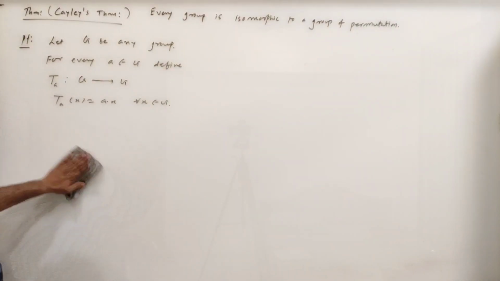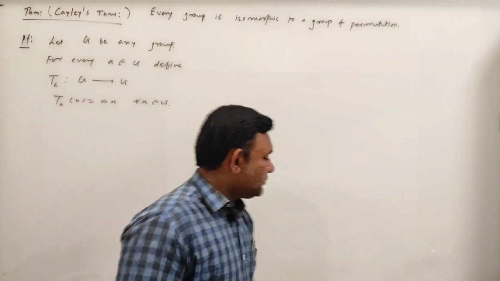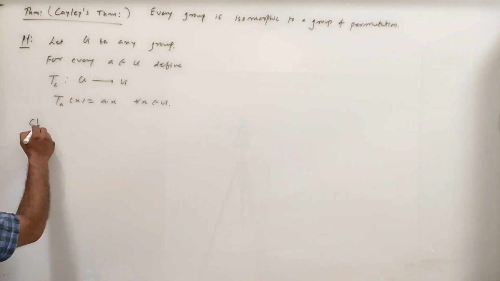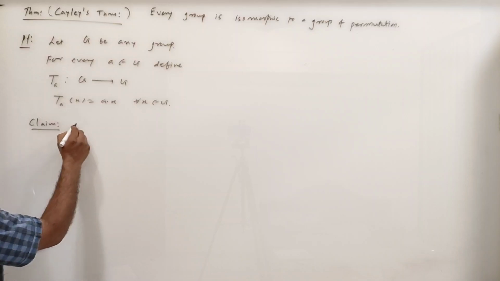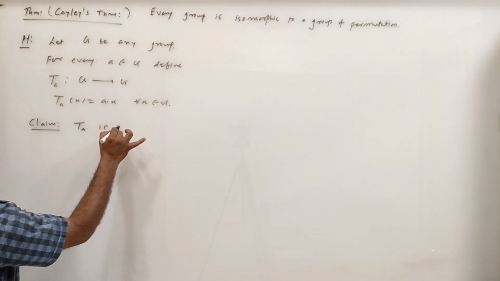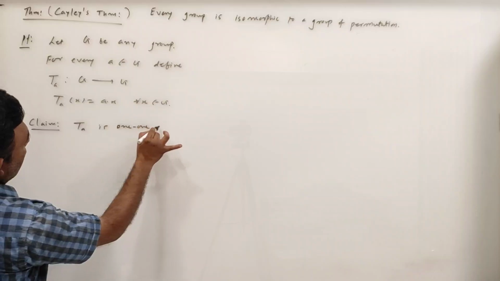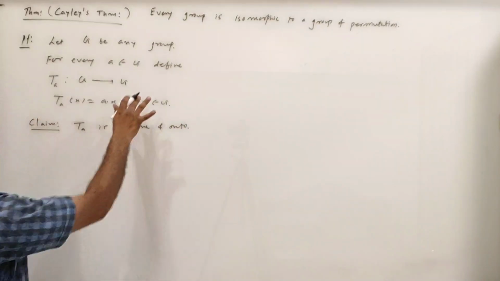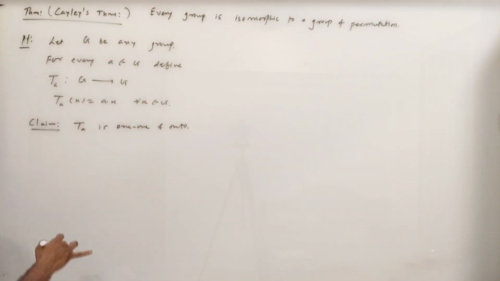Okay, now what is my claim? My claim is that this TA is 1-1 and onto. This map is 1-1 and onto. So let us prove it.